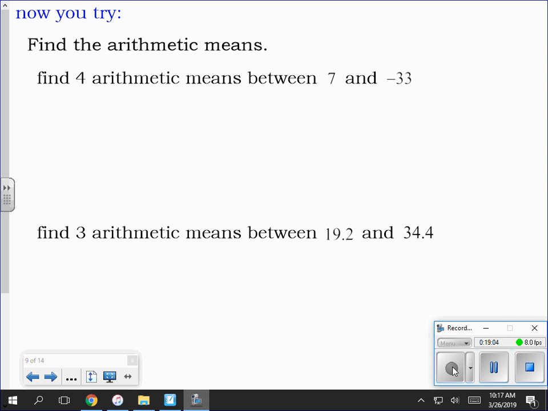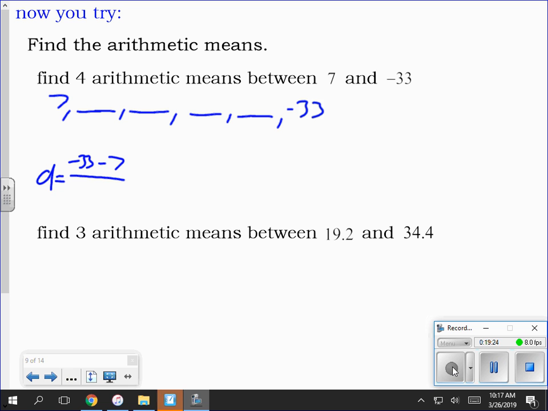So find 4 arithmetic means between them. So 7, 1, 2, 3, 4 blanks, and then negative 33. So I'm going to figure out what D is. D is take the last number, negative 33, minus the first number, 7, and divide that by, in this case, 5. 4 blanks plus the 1 spot.